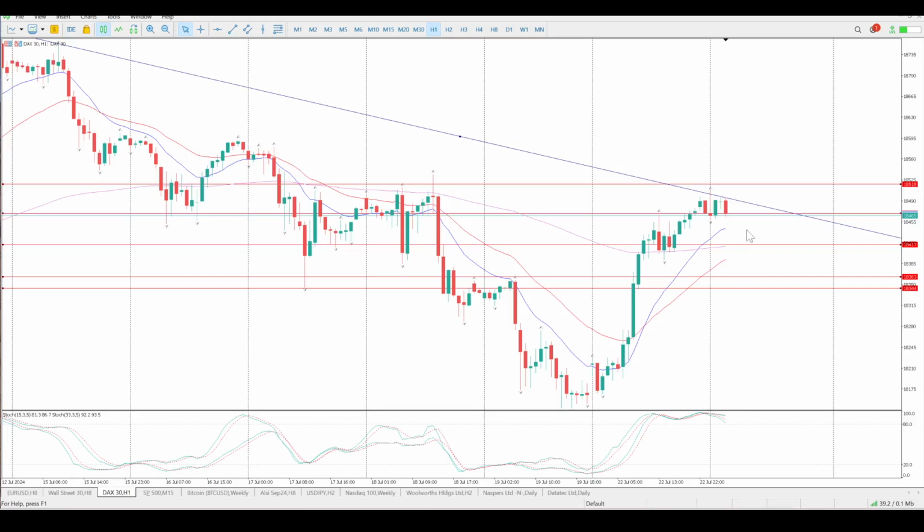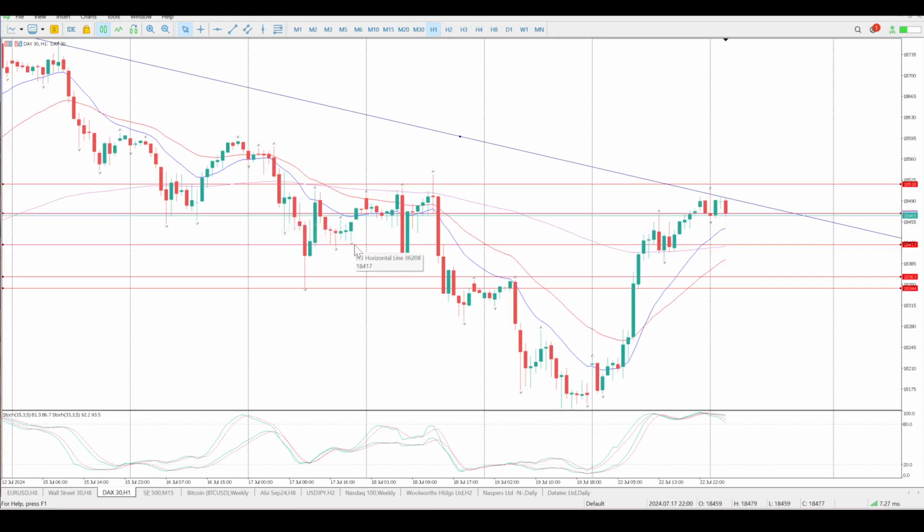Look at my oscillators all lining up. The only thing against a short for me at the moment on the hour is the fact that we are above the 150 EMA. My view at the moment is this is a strong zone of resistance, so I would expect us to pull back.